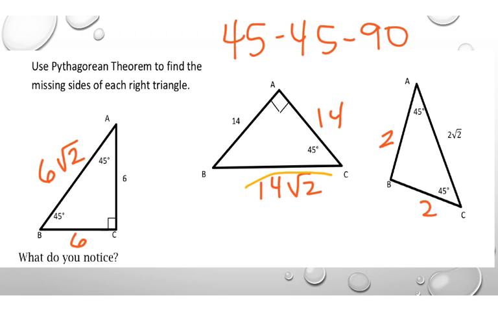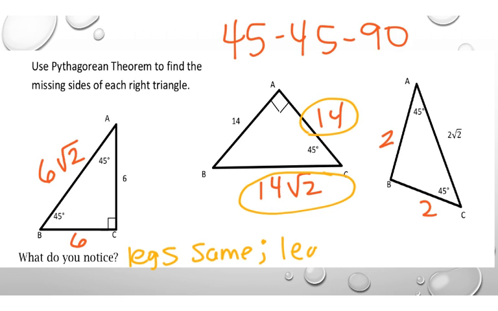But what to notice is that the hypotenuse is the leg times square root 2. That's always true with the 45, 45, 90 triangle. So we're going to say that the legs are the same, and the leg times the square root of 2 is equal to the hypotenuse. Probably shouldn't abbreviate that.